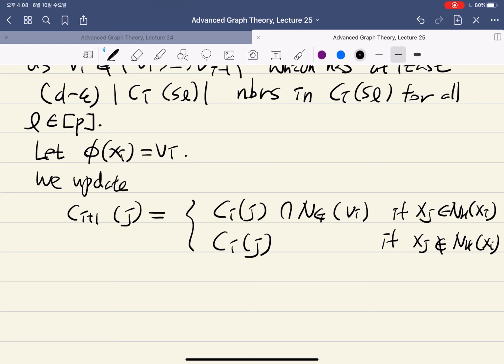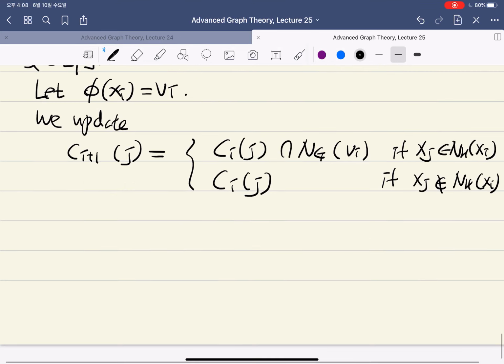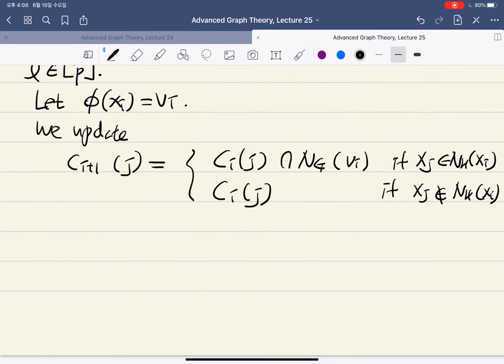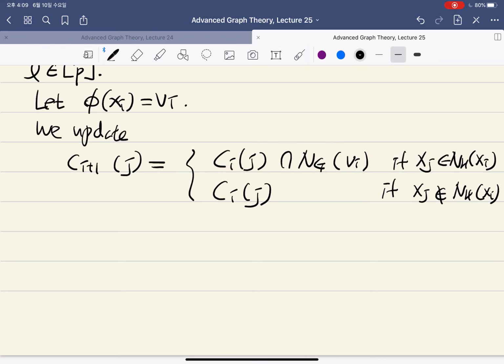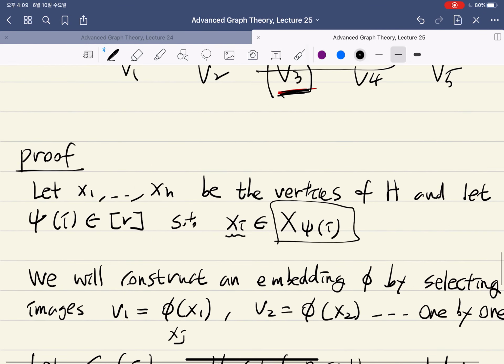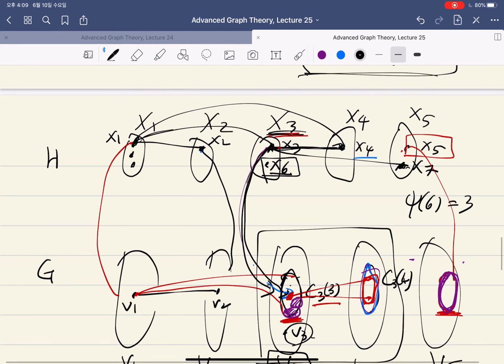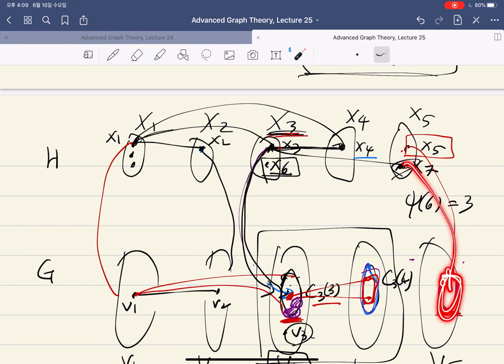Then this will shrink the set by a multiplicative factor of d minus epsilon. And each set here is not yet embedded, and it has this candidate set. While embedding previous ones, this can successively shrink a few times.